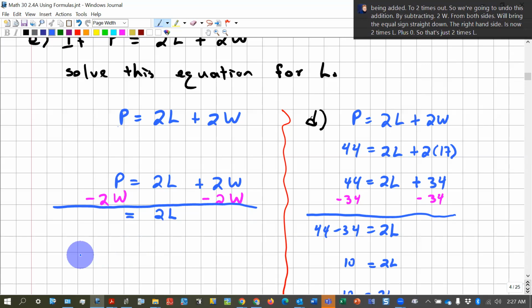On the left-hand side, we're starting with P, and we're trying to subtract 2 times W. But those aren't like terms. We can't actually do the subtraction. What we can do is write down that we're supposed to do the subtraction.